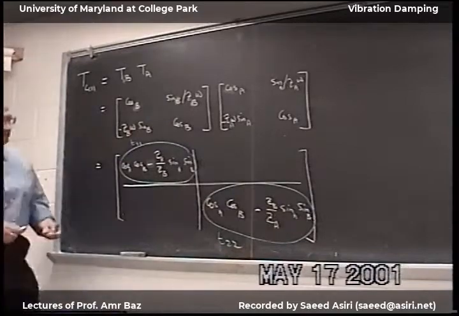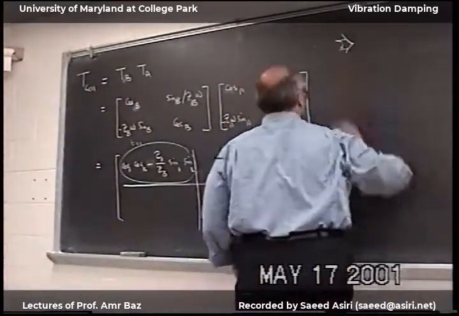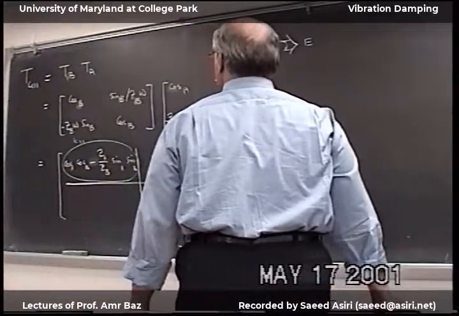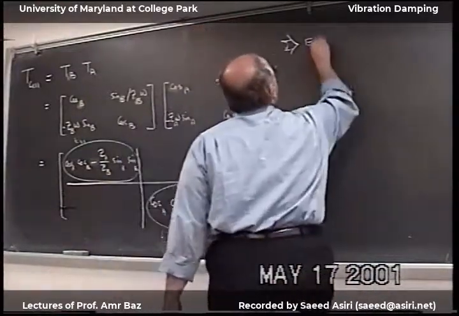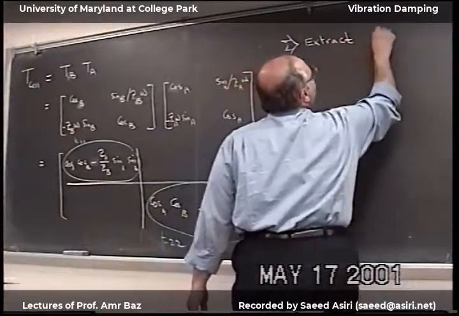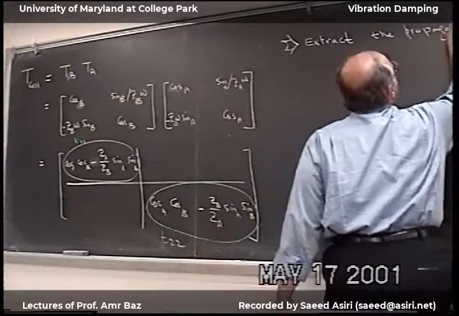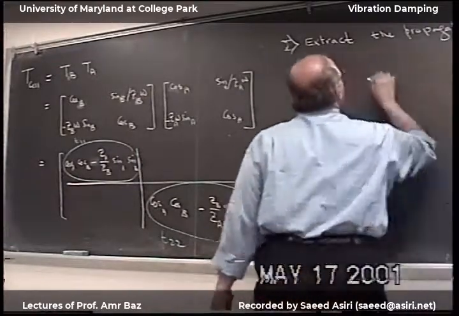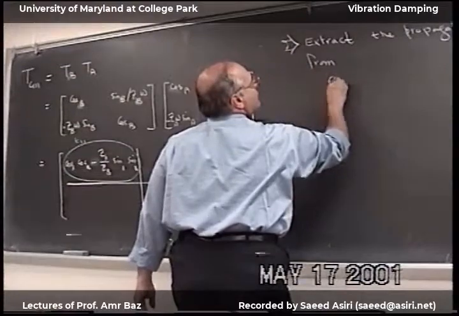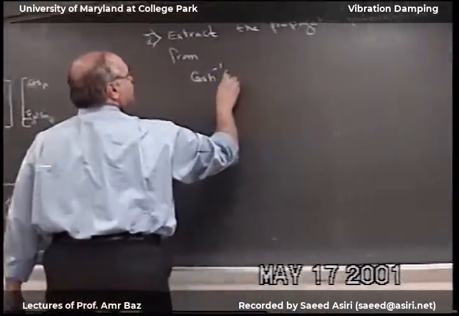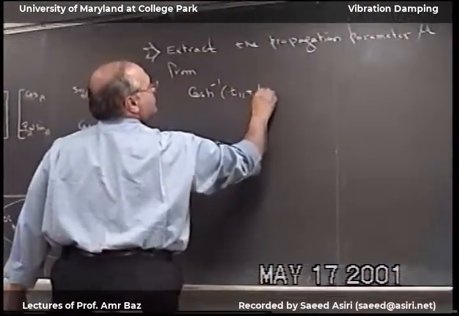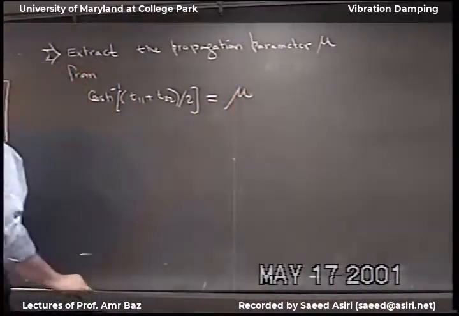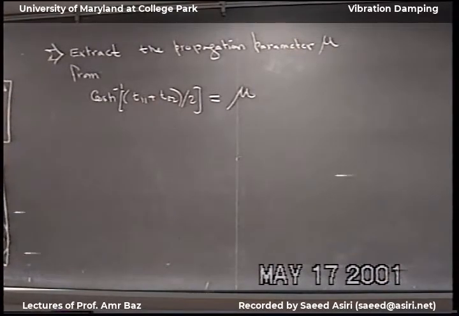And now we'll extract the propagation parameter mu from cosine mu is equal to T11 plus T22 over 2, for mu. And then if this is real, then everything will decay.